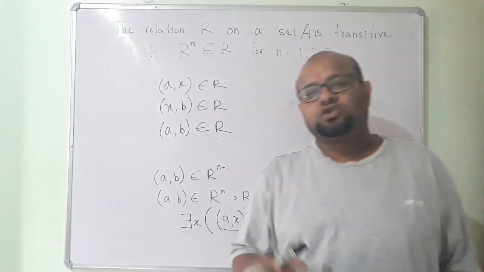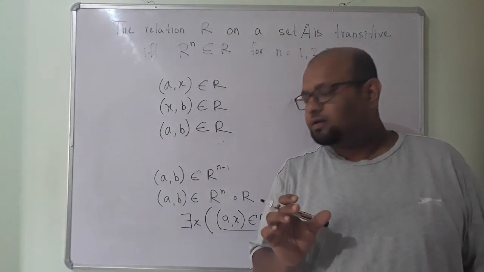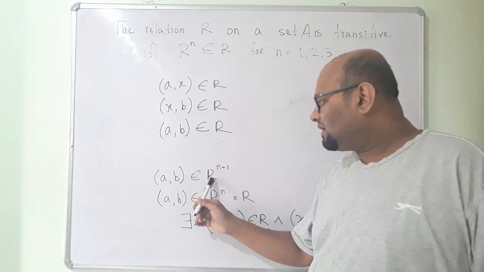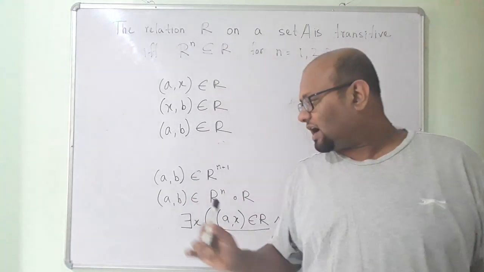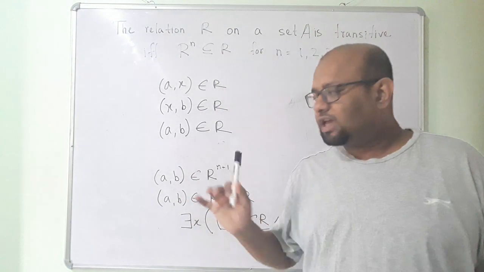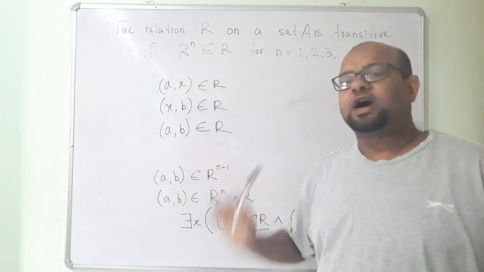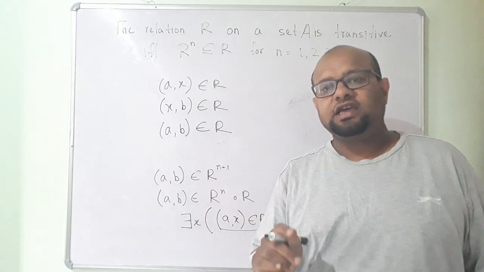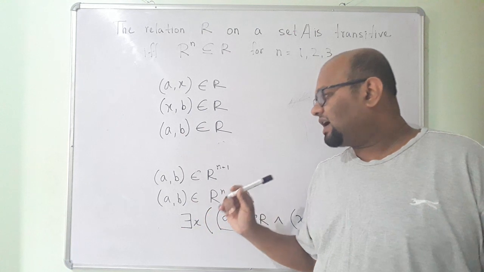So we had taken this AB that we assume to be in R^(n+1), R to the power n+1, and we have shown that AB would belong to R. Take any AB that belongs to R^(n+1).